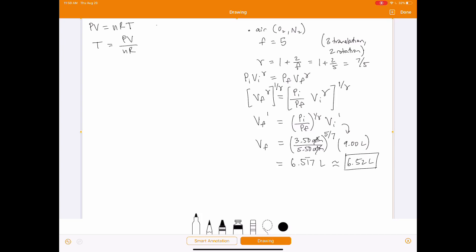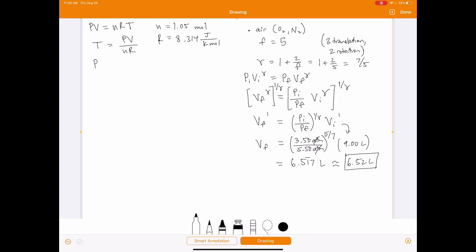What do we know? n is equal to 1.05 moles. We also know that R is equal to 8.314 joules per Kelvin mole. And we know the pressure and the volume in the final state. So therefore, we just need to do a little bit of unit conversion before we can plug the numbers into the ideal gas law and get the final temperature.